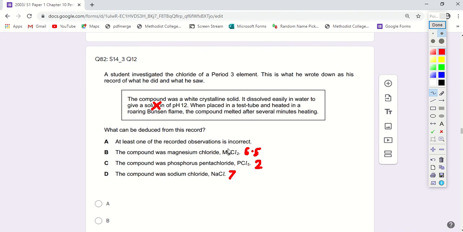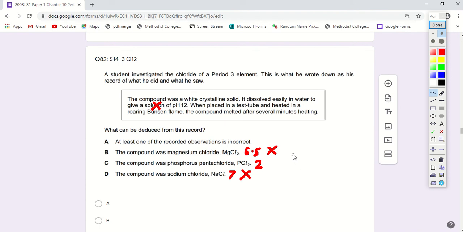Now, an ionic compound has a very high melting point. There's no way that you can melt them by just using a Bunsen burner. So the last observation is not true for magnesium chloride, which is an ionic compound, and not correct for sodium chloride, which is another ionic compound.